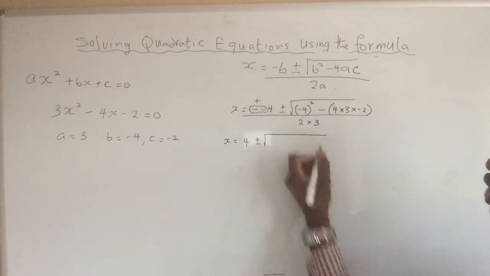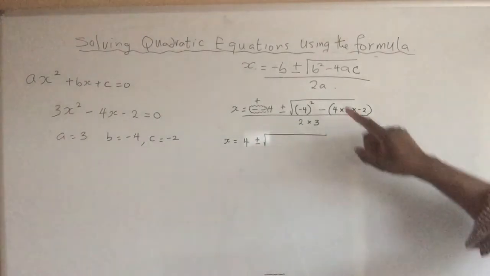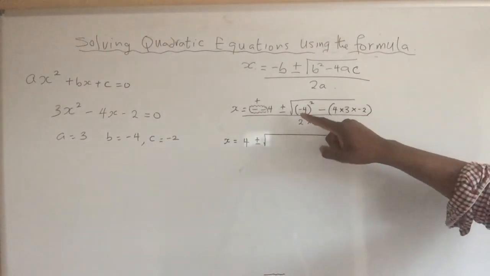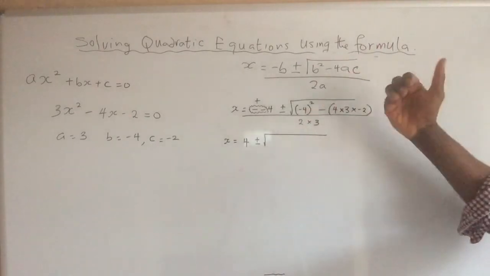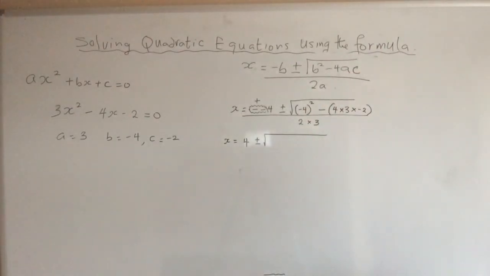the square root. Now, I need to remind you, a lot of people make mistakes here. They say, well, it's negative 4, if I square that, I'm going to get negative 16. No, negative 4 squared means negative 4 times negative 4. And negative times negative gives you a positive answer.